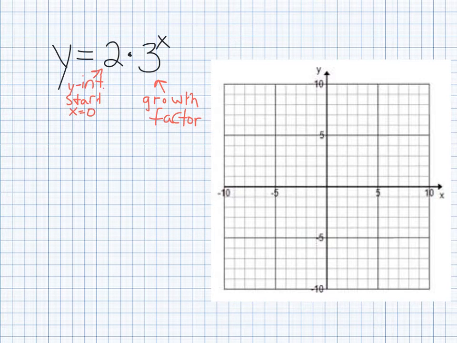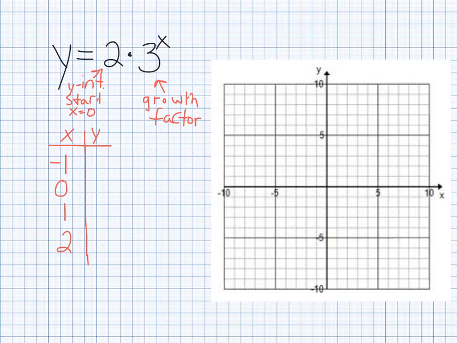Let's see how that plays out in a table. If we make a table, we can see what this information is doing. So let's just do -1, 0, 1, 2.